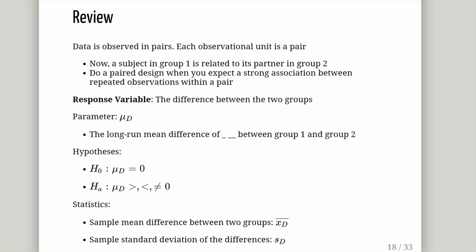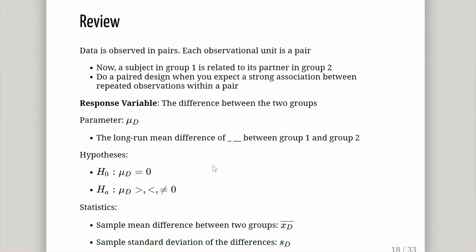The null hypothesis is we assume that the long-run mean of all these differences is 0. In other words, we expect the two groups to give the same measures on average. Therefore, the long-run mean difference is 0. In the alternative hypothesis, we think that the long-run mean difference is not 0.